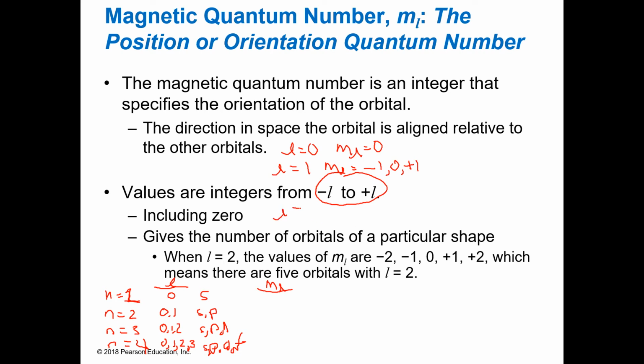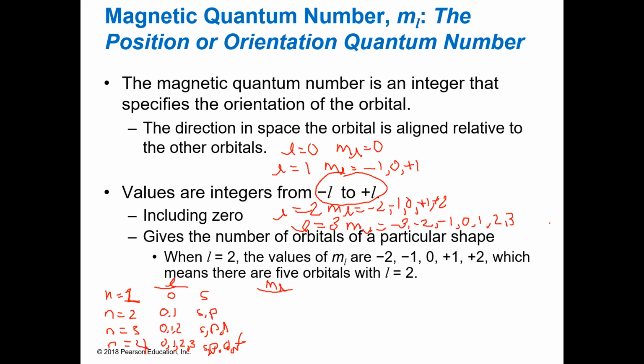If L equals 2, or the D subshell, ML can be -2, -1, 0, +1, +2. And when L equals 3, ML can be -3, -2, -1, 0, 1, 2, 3.